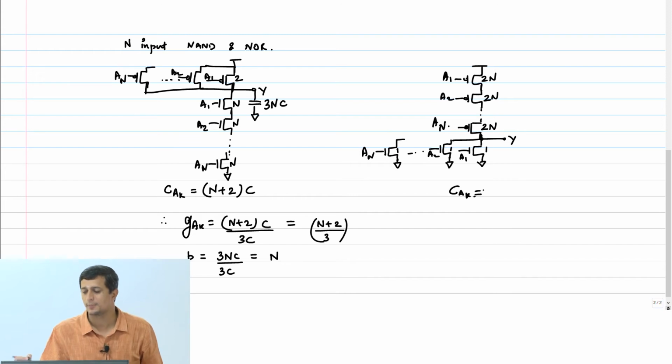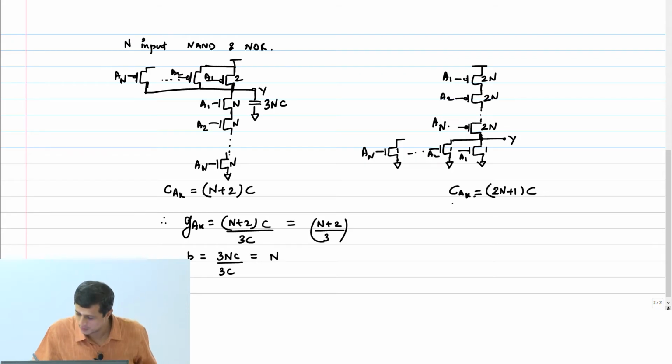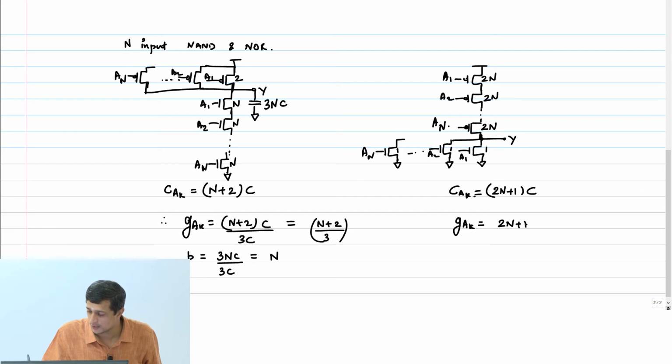So what is the net capacitance? 2N plus 1 into C: 2N coming from PMOS, 1 coming from NMOS. Therefore, the logical effort GAK is 2N plus 1 into C by 3C, which is equal to 2N plus 1 divided by 3.